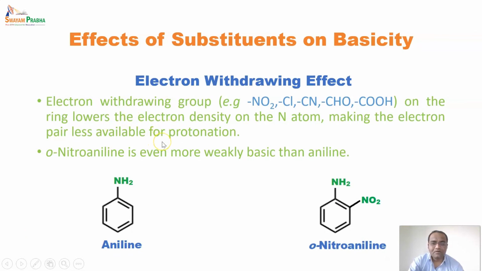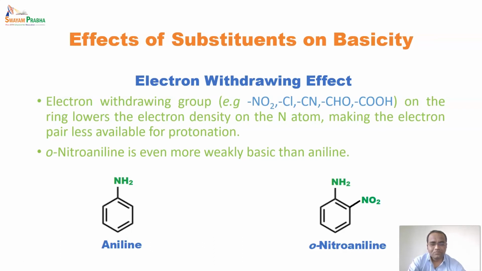So the electron withdrawing group withdraws electrons from the ring, which lowers the electron density on the nitrogen atom, making the electron pair less available for protonation, and due to which the electronegativity of the nitrogen atom becomes less. For such groups, as in the example we have taken, nitroaniline is more weakly basic than aniline.